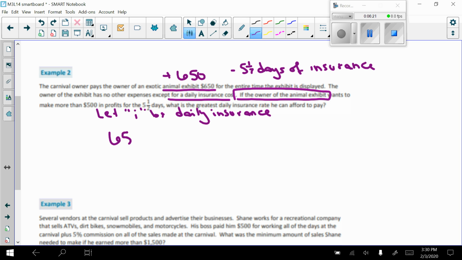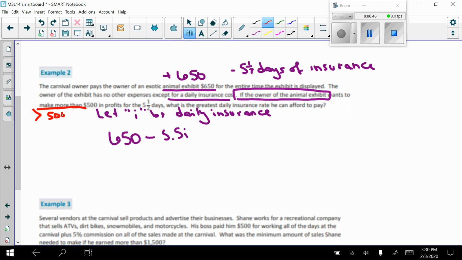650 is money coming in to the animal exhibit owner. Money going out is 5.5 times I, 5.5 days times the daily rate of insurance. And he wants to make more than 500, right?